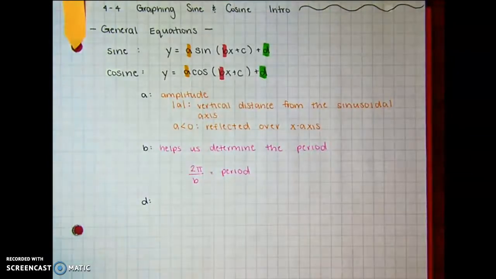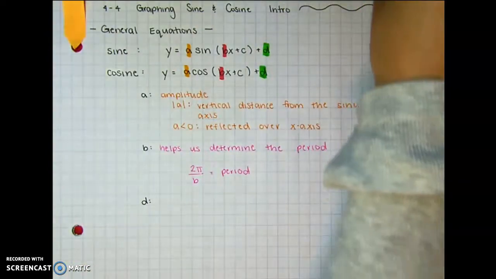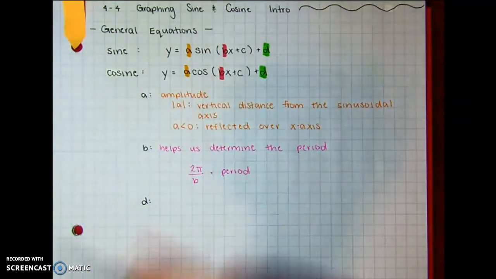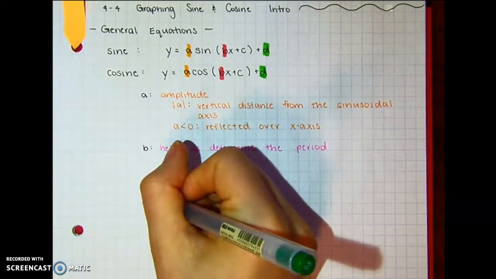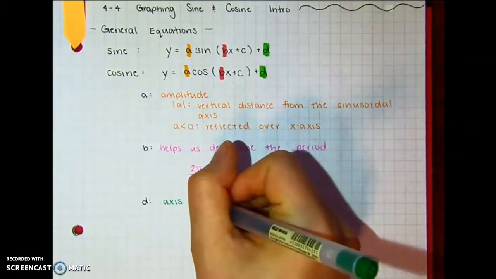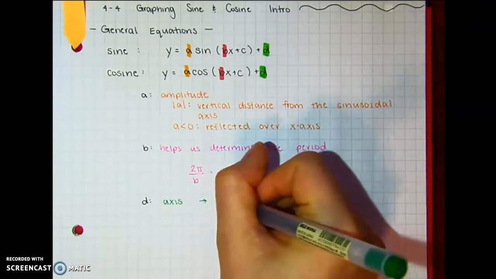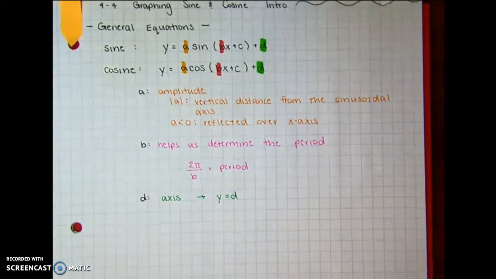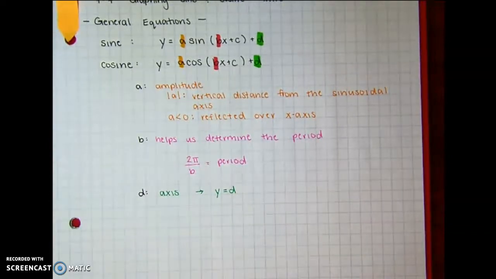It's also known as the midline. So D is your axis, and the equation will always be y equals D.